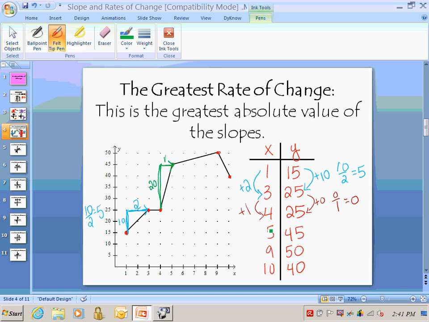So my rise is 20, my run is 1. So that's 20 over 1, which is 20. So here, 25 to 45 is 20. So that's going to give me 20 over 1, which is 20.